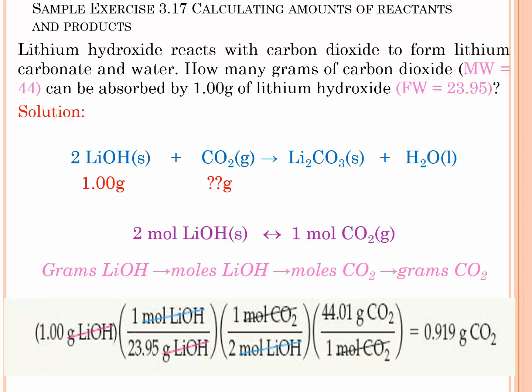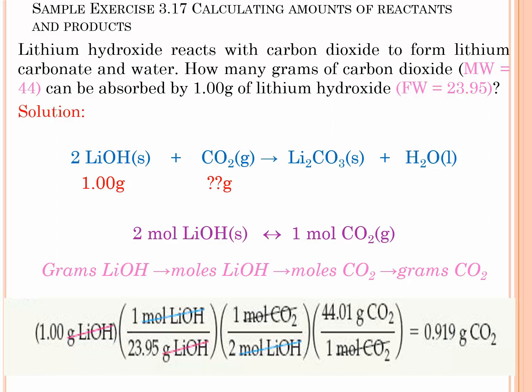So you are given the balanced equation. Suppose this equation is not balanced. Then the first step, you balance the equation by inspection. But this is balanced.